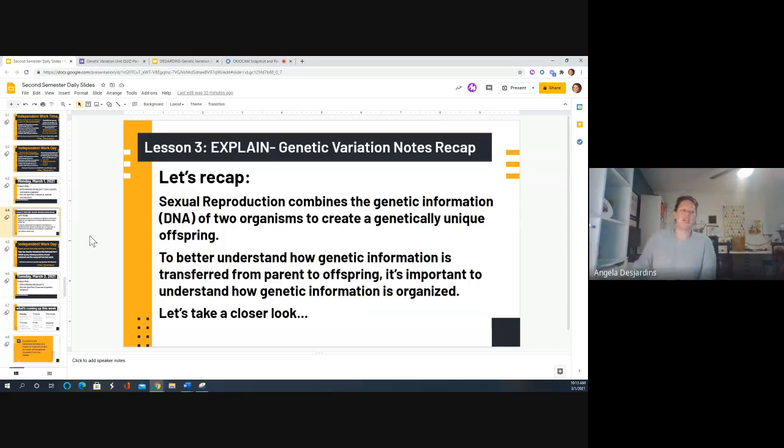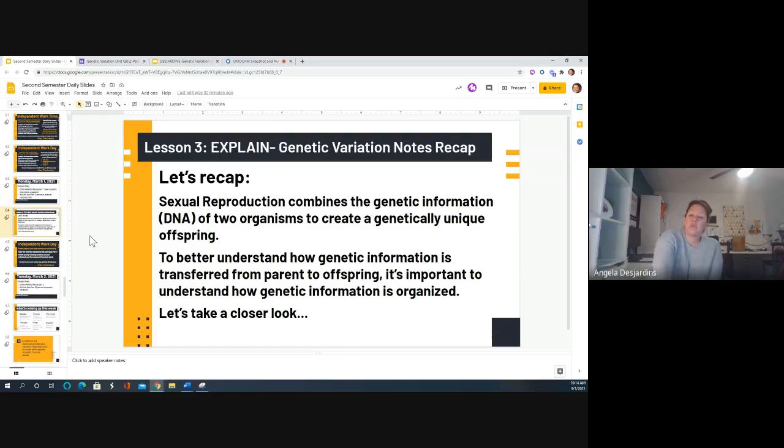Okay. So just as a recap, remember, sexual reproduction combines the genetic information. When I say genetic information, remember we're really meaning DNA. So sexual reproduction combines the DNA of 2 different organisms to create a genetically unique offspring.